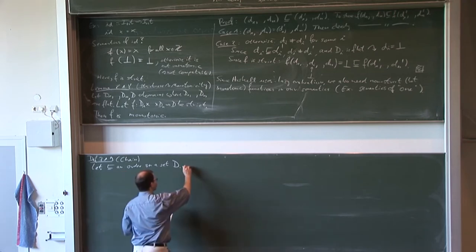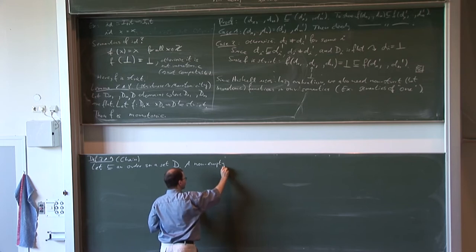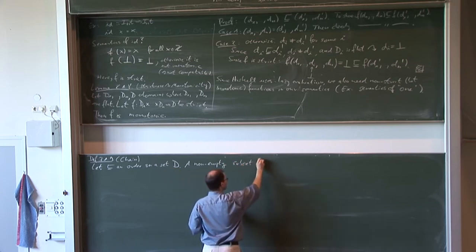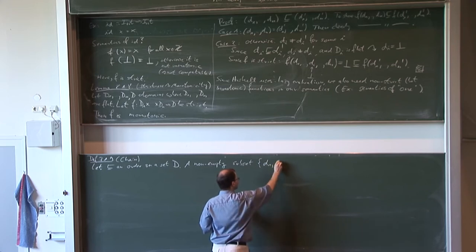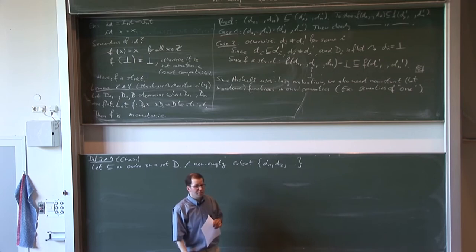And then a non-empty subset of D of the form D1, D2, and it can be finite or infinite, but it can be at most countable.